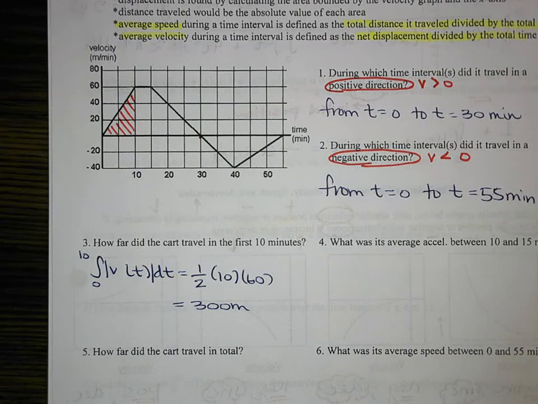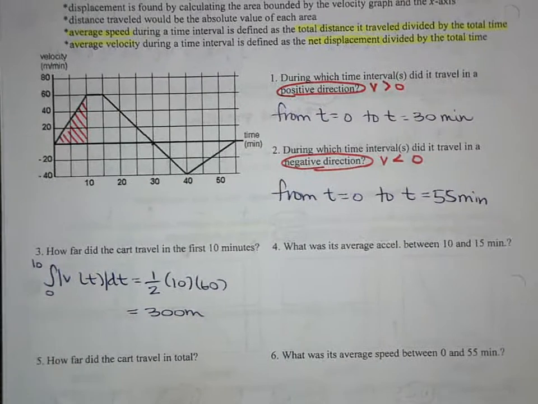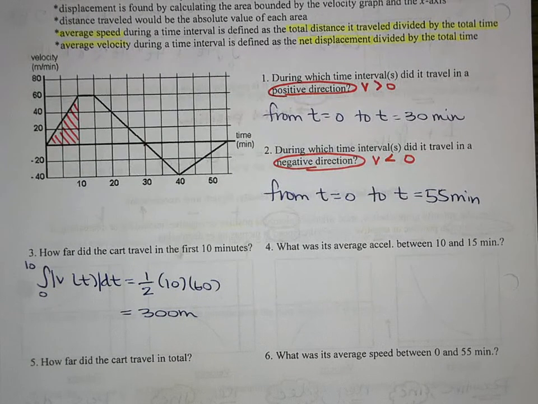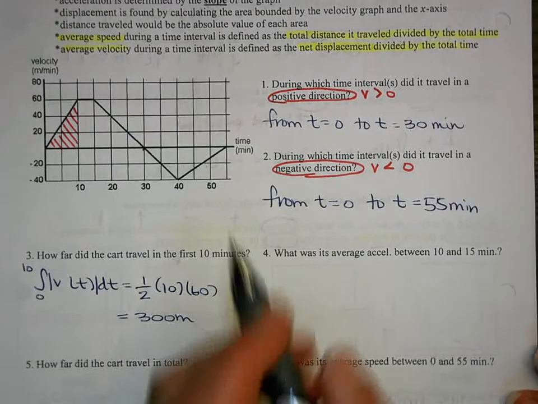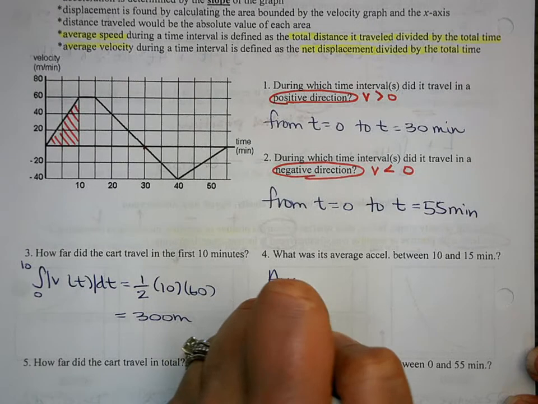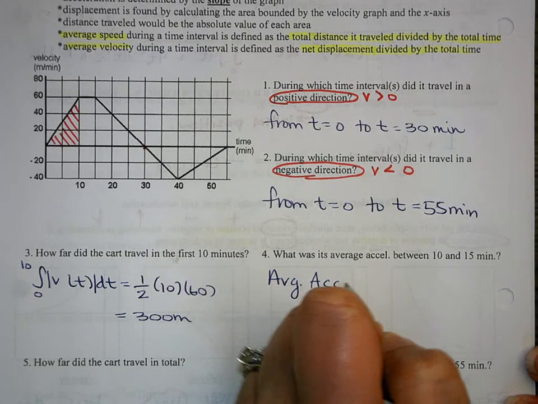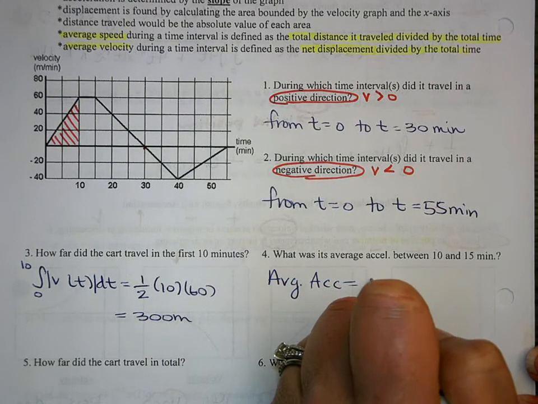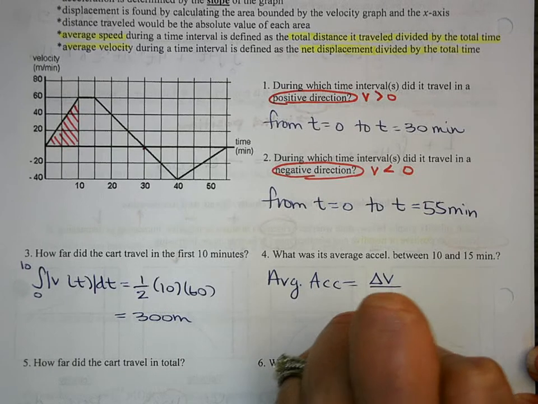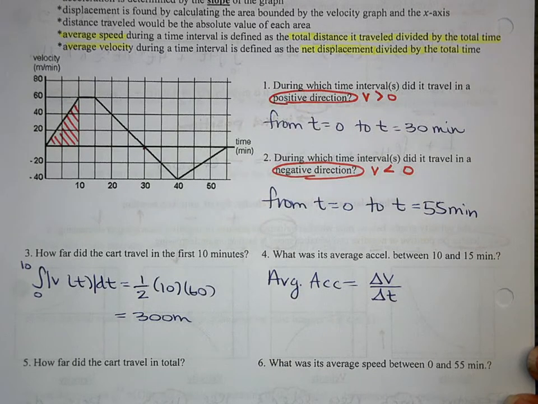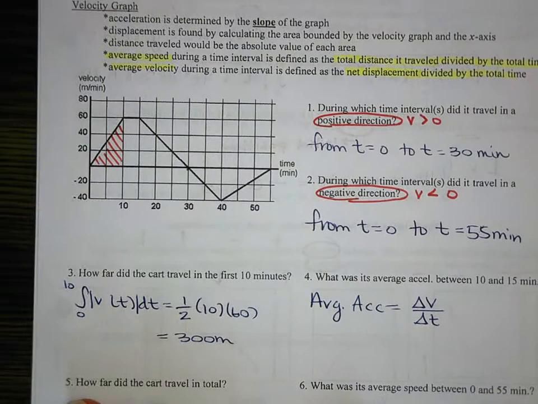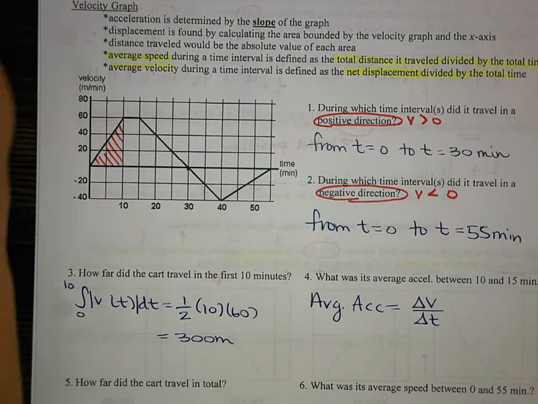And then for question number 4, it's asking for the average acceleration between 10 and 15 minutes. So average acceleration is the change in velocity over the change in time. So how far did the velocity change from 10 to 15? From 10 to 15, that would be this section right here.